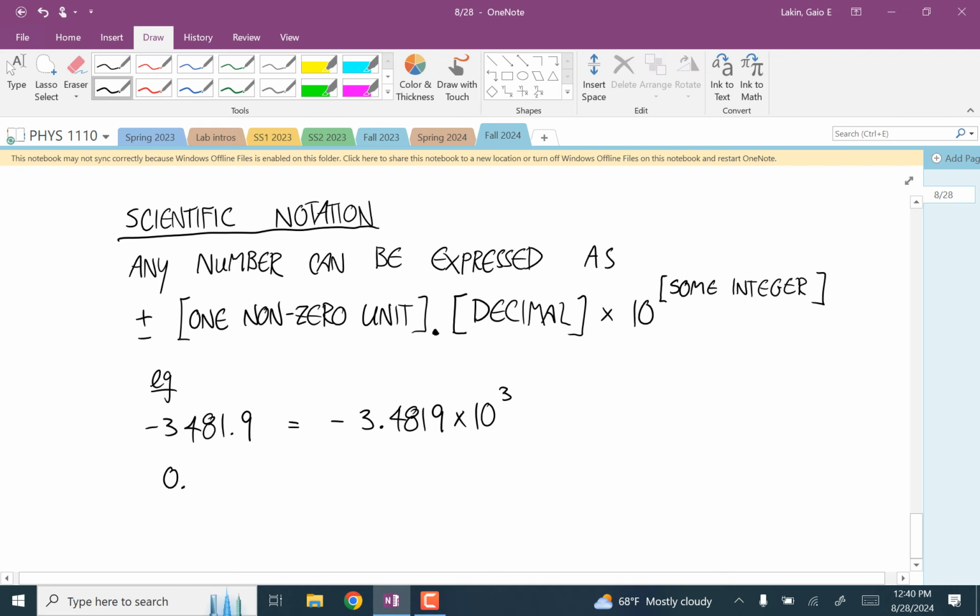So 0.0087 is equal to 8.7 times 10 to the minus third. So any number whose absolute value is less than 1 is going to have a negative exponent, and any number whose absolute value is bigger than 1 is going to have a positive exponent. So that's the first sanity check. If that doesn't happen, then something went wrong.